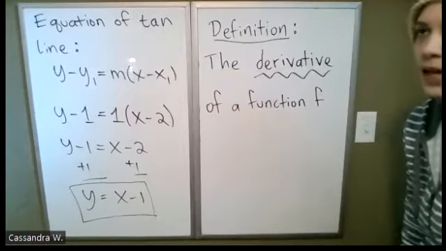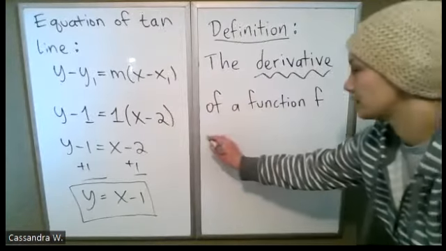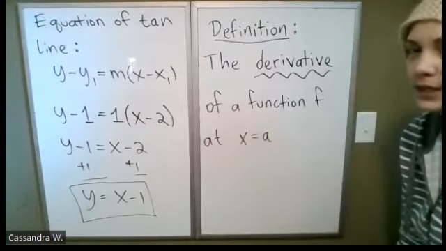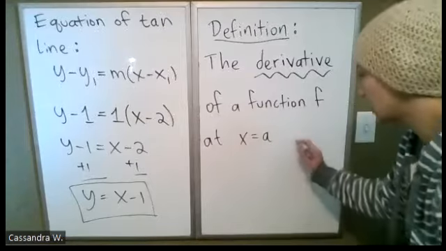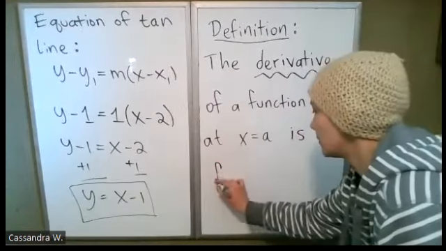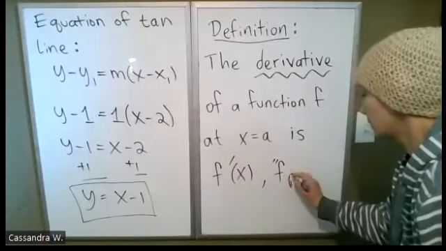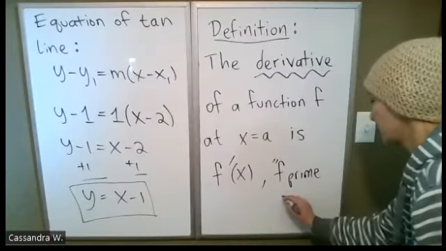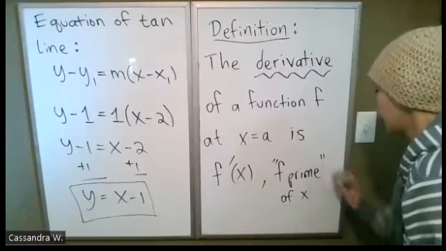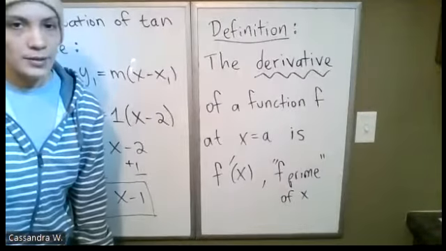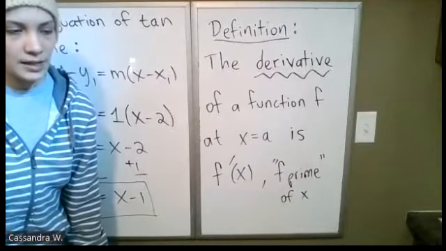Okay, so the derivative of a function f at x equals a is written as f prime of x, and it describes the slope of the tangent line at x equals a.